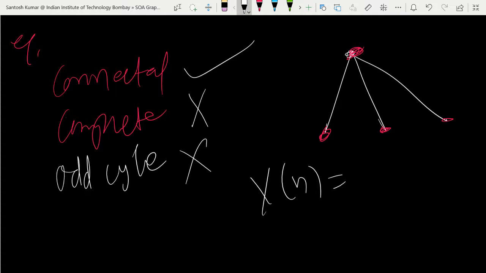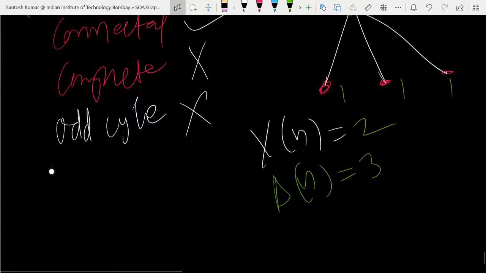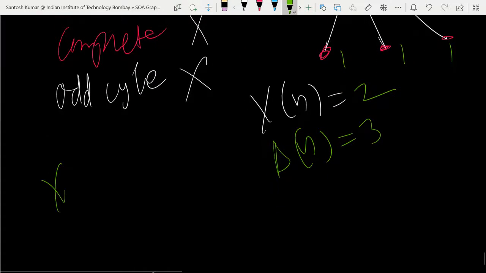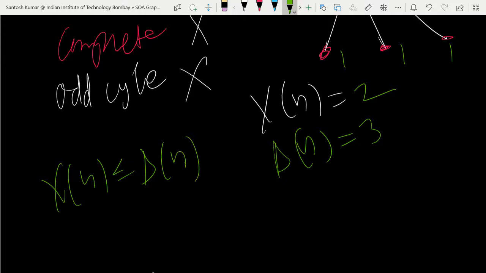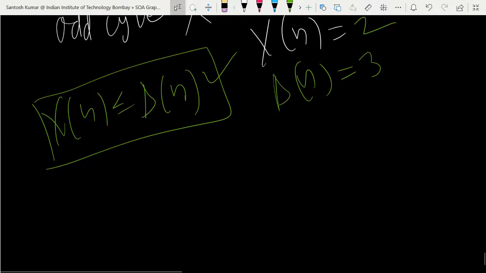Sure, it is 2. So you can give the colors like 1 1 1 and then 2 here, because non-adjacent vertices can be given the same color. So 2. And delta G is 3, because this vertex has 3 incident edges. So again you can notice here the chromatic number is less than or equal to delta G. Fine.